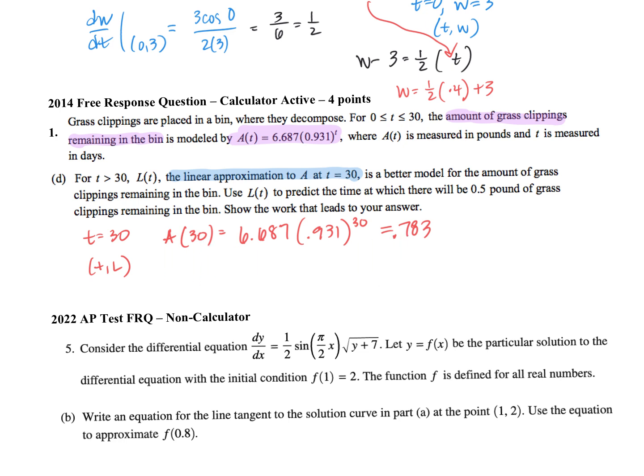Can we go ahead and write the equation of a tangent line? Oh, wait, we only have a point. We've got to get a slope. Let's go get that slope. Can I use my calculator to do that slope for me? Good.